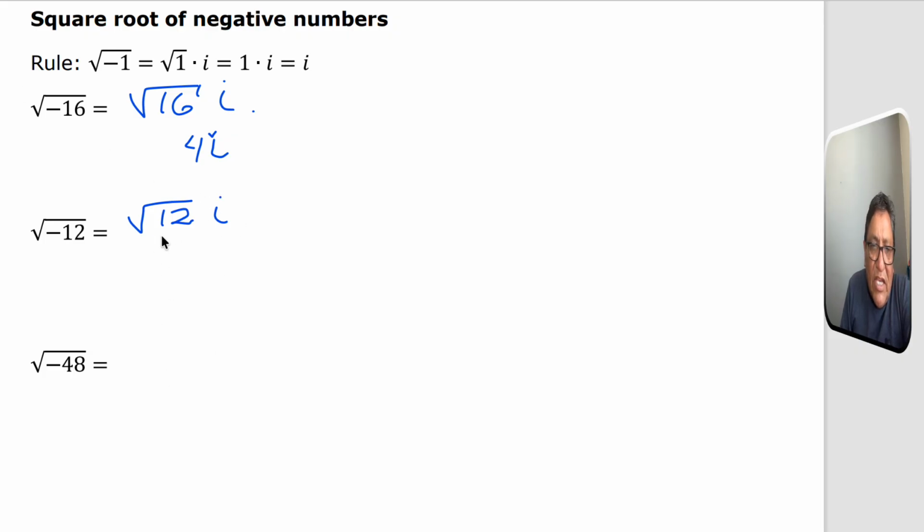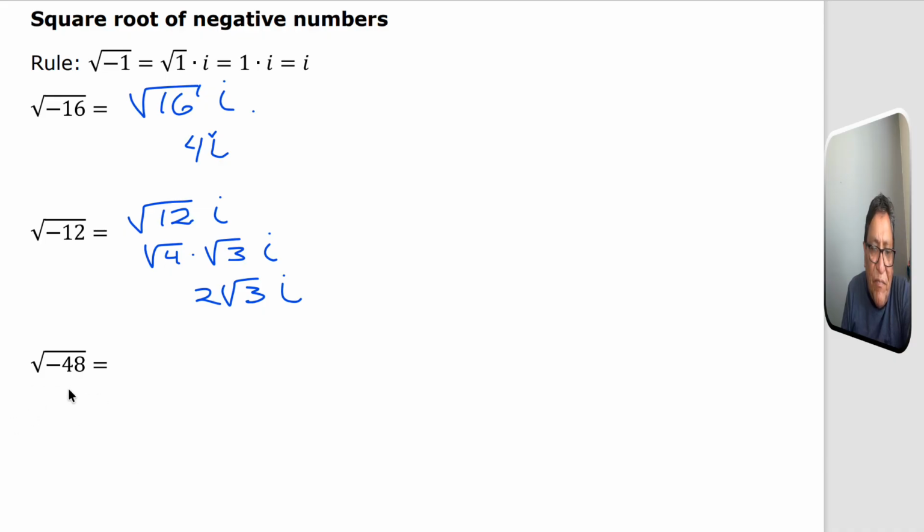Now, square root of 12 we solved above, so this will be 2 times square root of 3, and i will be outside, so therefore the answer will be 2 times square root of 3 i in the simplest form.